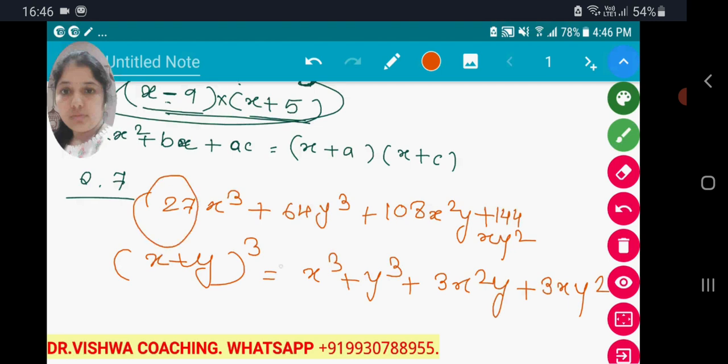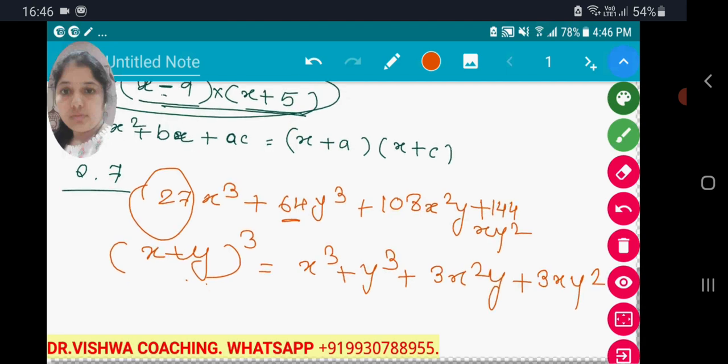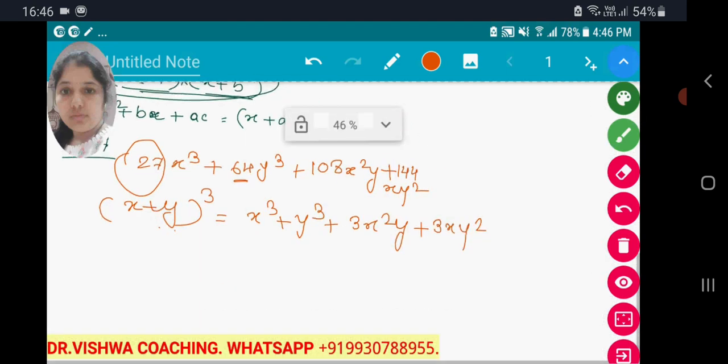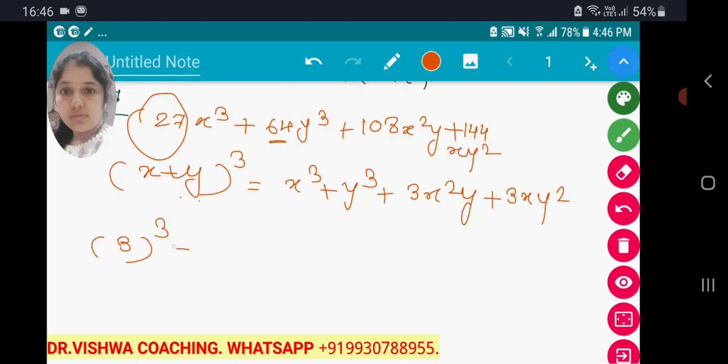And here the coefficient of y, whose cube is 64. I already told you that you have to learn by heart the cubes and squares of the numbers from 1 to 20. If you remember it, you can know that 27 is the cube of 3 and 64 is the cube of 4.